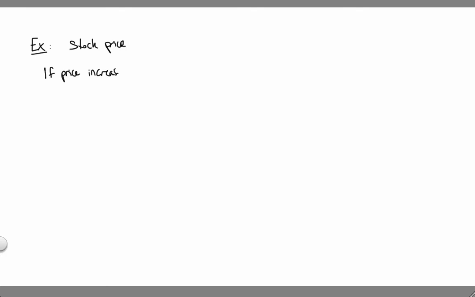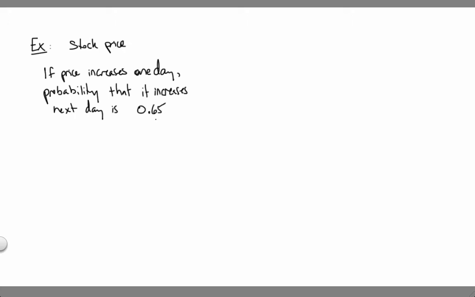So if it increases on a given day, let's say we know from historical data that the probability that it increases the next day is 0.65. So if the price increases over the course of one day, the probability that it's going to increase over the next day of trading is 65%. So that's one piece of information.